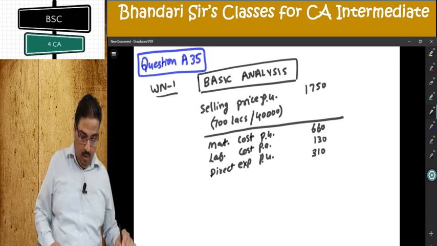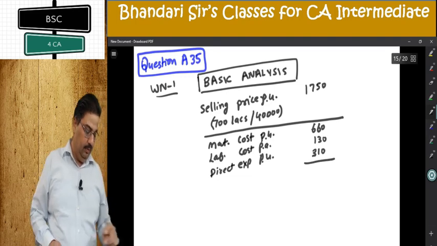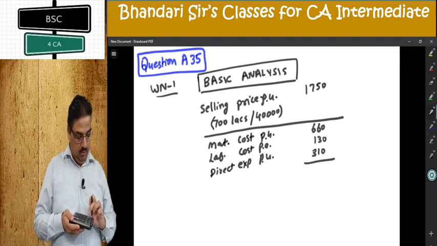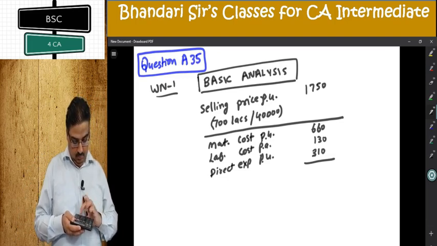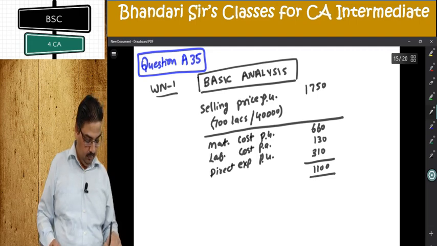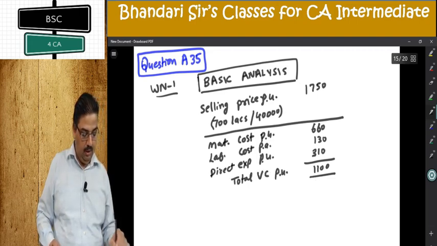If you add them all, you will get the per unit variable cost total. This is 1100, total variable cost per unit.